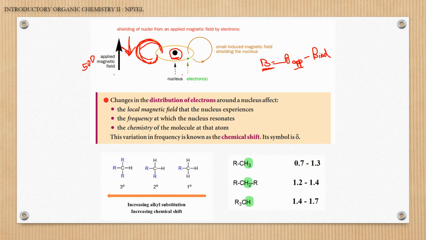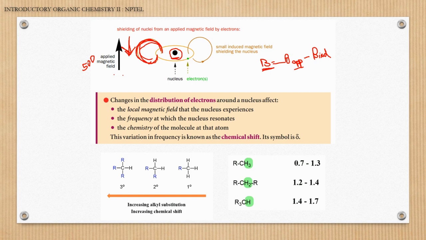So if it is less, then it will resonate very quickly. The lesser the net value of the magnetic field, the more quickly it will resonate with the resonance frequency. So now there is a very important concept here.